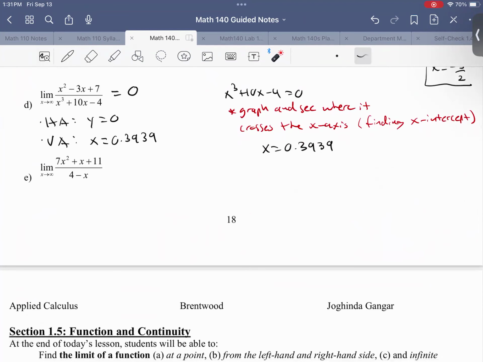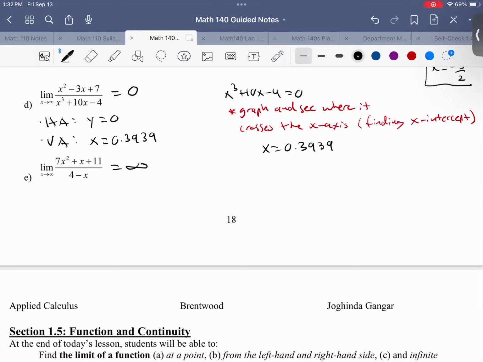Okay, that's pretty much it. And let's try one more. Let's see, we have 7x squared here and a negative x here. So the power on the top is bigger than the bottom. This is a power of 2, that's a power of 1. So what we end up with is going to be just infinity.